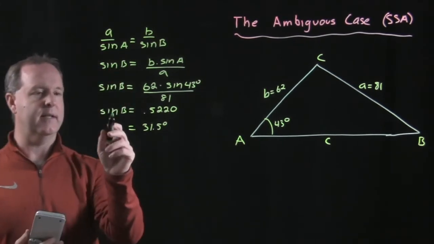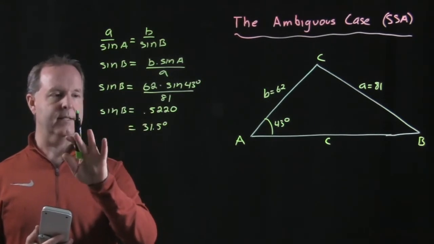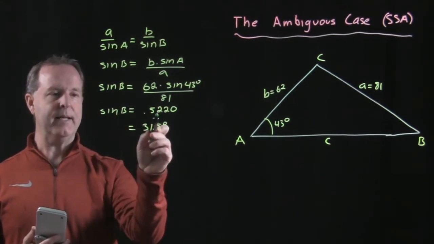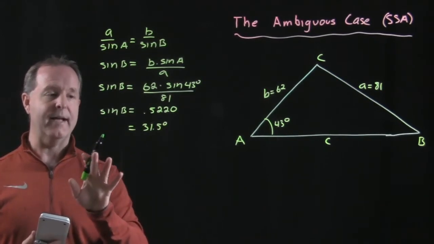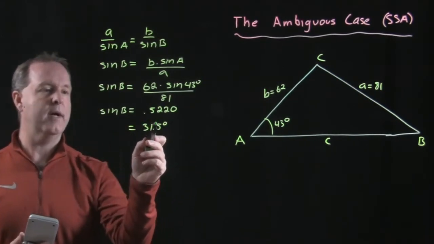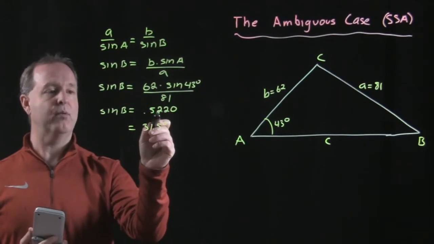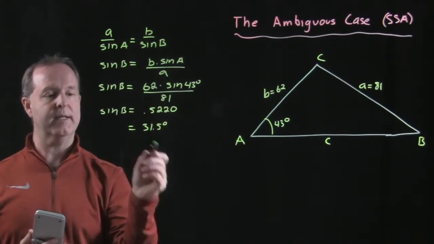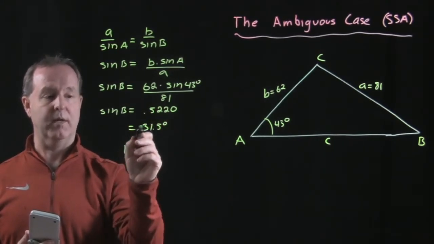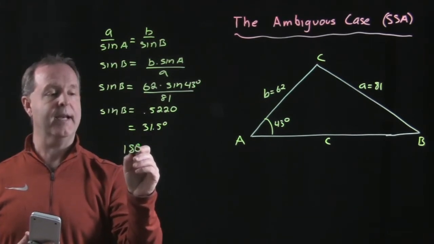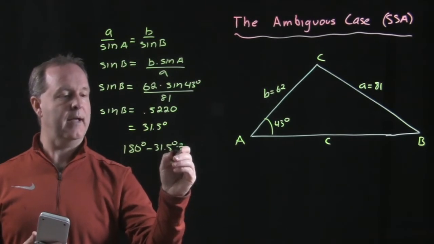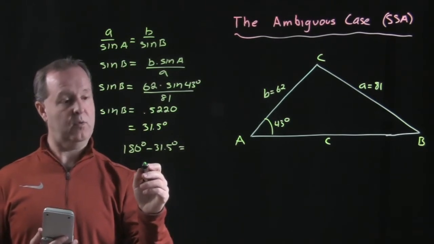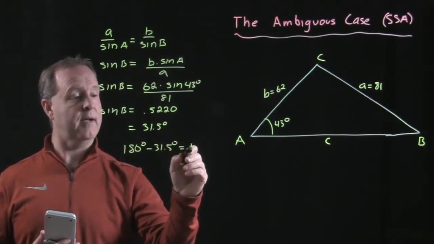For that to be the case, there are two places where the sine of B is 0.5220. The first one is at 31.5 degrees. The other one, since sine is positive in the first and second quadrants, is 180 degrees minus that 31.5, which equals 148.5.